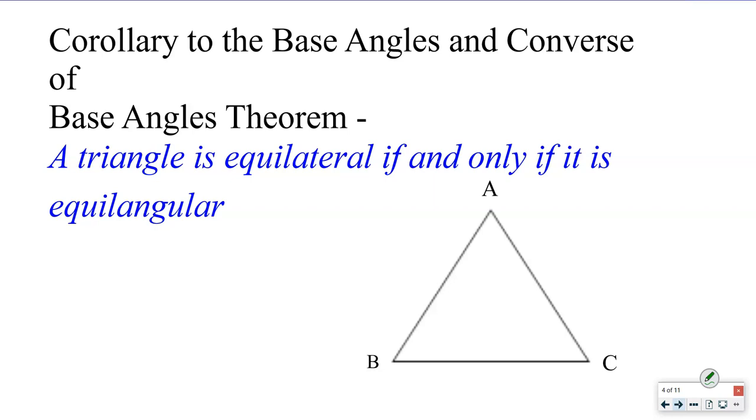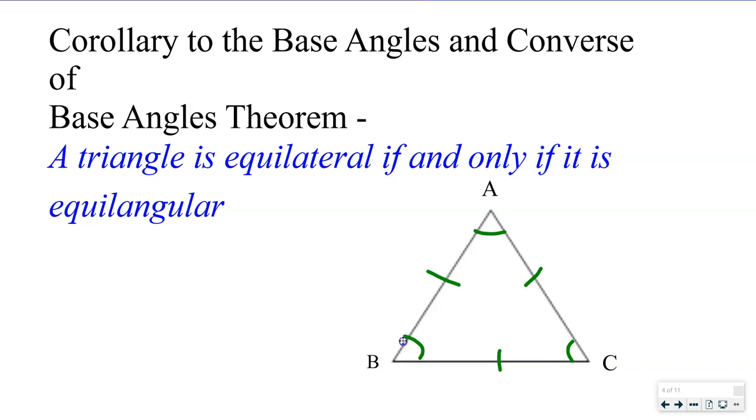So a triangle is equilateral if and only if it is equiangular. So if we ever see an equiangular triangle, we know it's also equilateral. If we ever see an equilateral triangle, we also know that it's equiangular or regular.